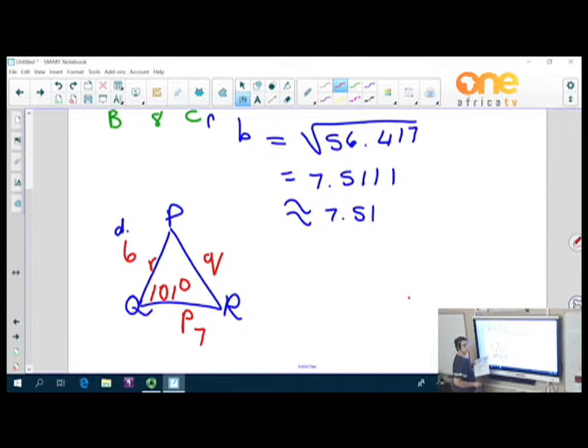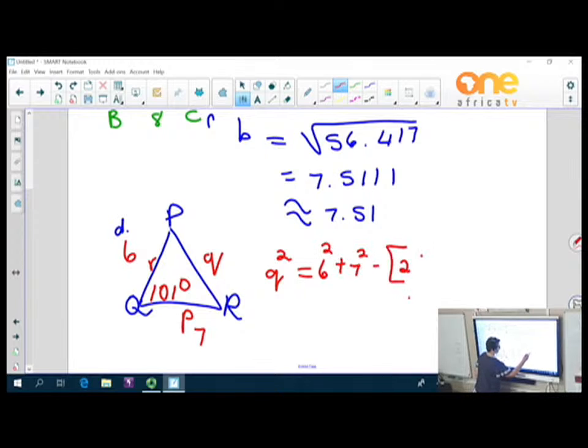This is now an obtuse angle that we have there, and that will play a role. It's important. So I'm going to say that Q squared, this is the one that you want to calculate, is then 6 squared plus 7 squared minus 2 times 6 times 7 cosine 101.